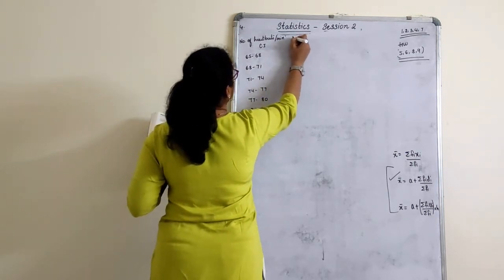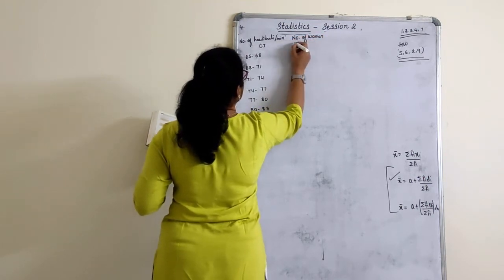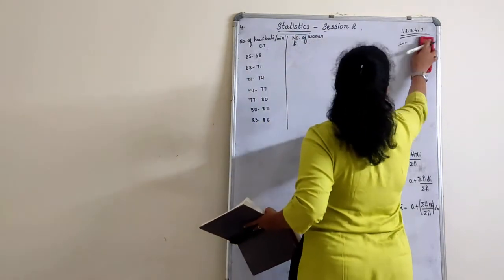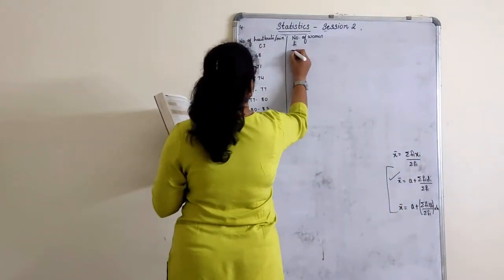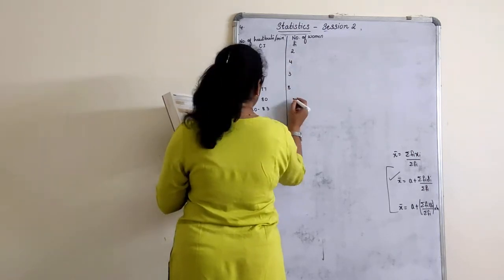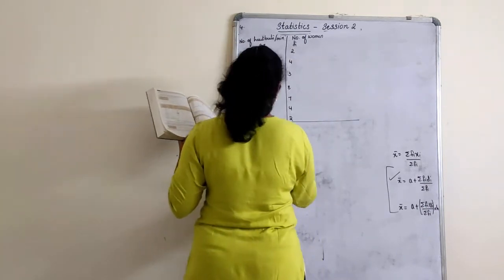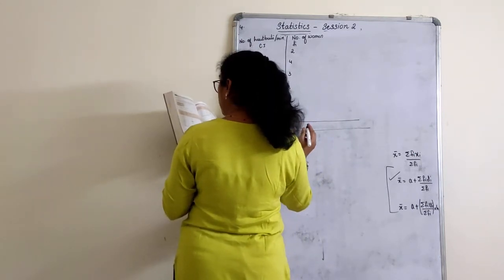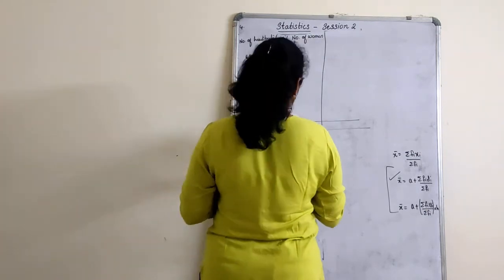Number of women, Fi: 2, 4, 3, 8, 2, 4, 3, 8, 7, 4, 2. Sigma Fi, how much they have given? There are 30 women in the hospitals, right? Okay.